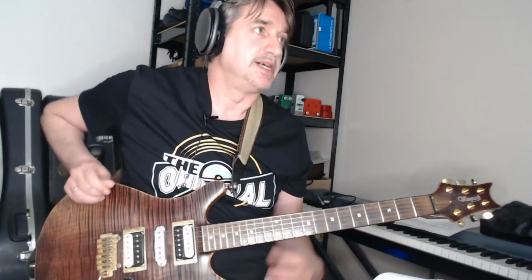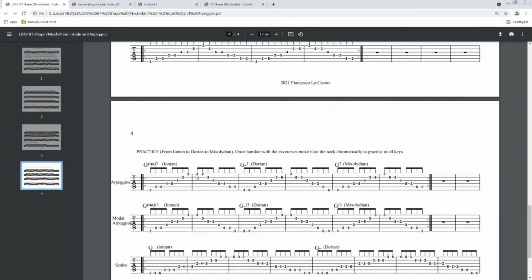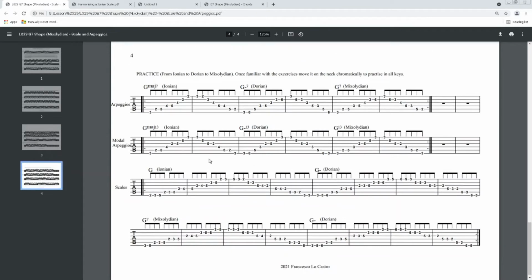The last part of the PDF deals with recapping what we've done so far in terms of arpeggios and scales. So moving from Ionian, in this case G Ionian, to G Dorian, to G Mixolydian with the arpeggios. Here is major 7, minor 7, dominant 7. Same thing with the modal arpeggio, so with all the extensions.